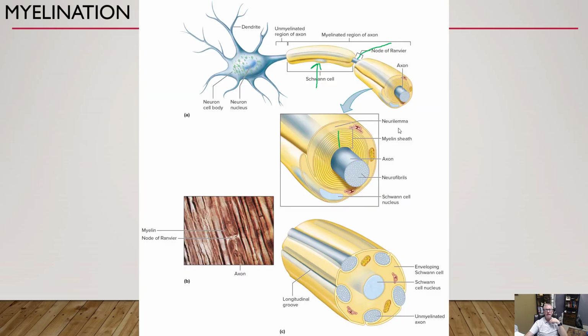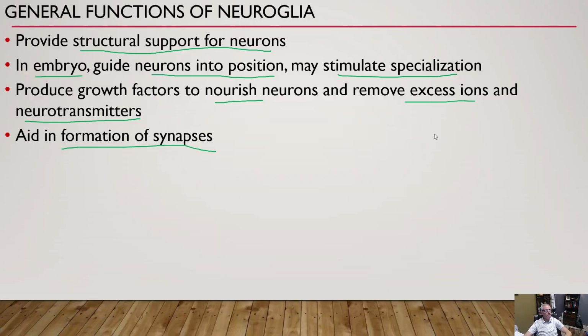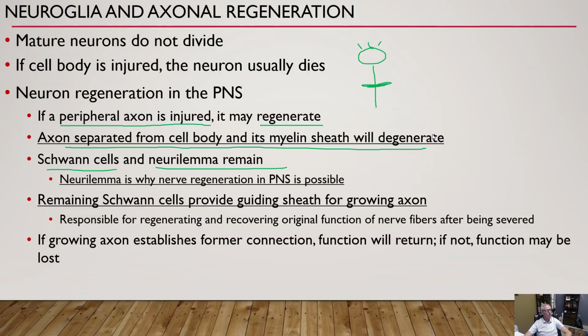So remember that we had that outer coating, neurolemma right here. So your Schwann cells and that neurolemma will remain if that axon is injured or severed. And that is why nerve regeneration in the peripheral nervous system is possible.